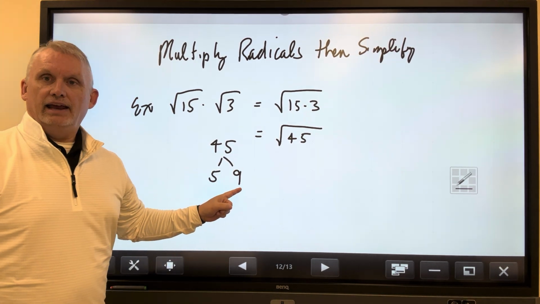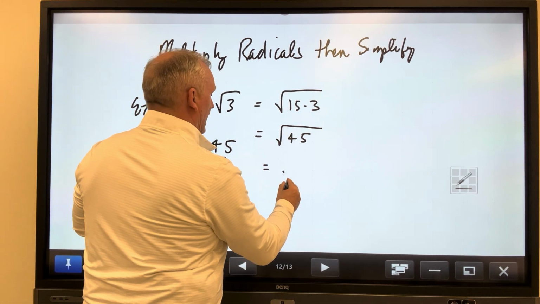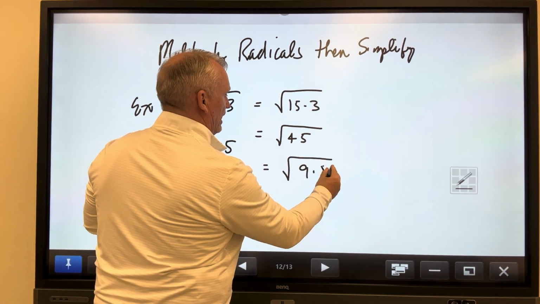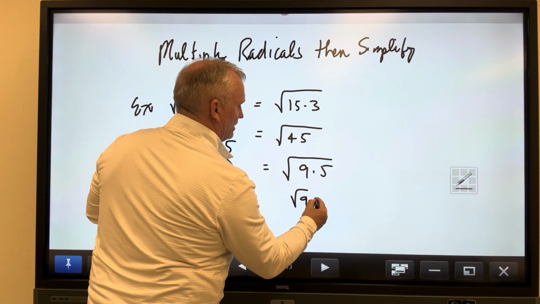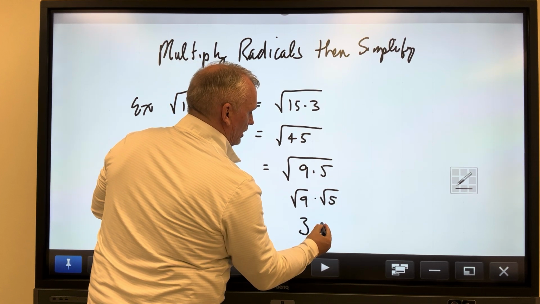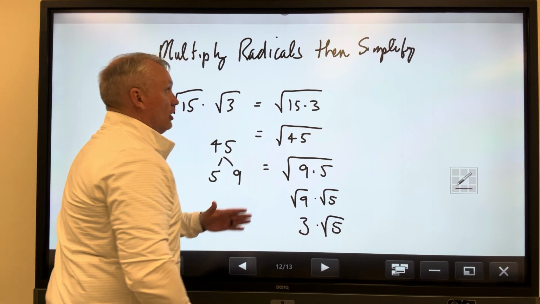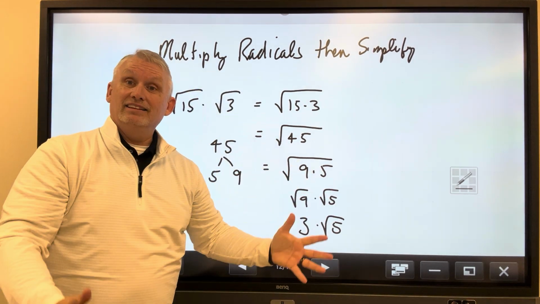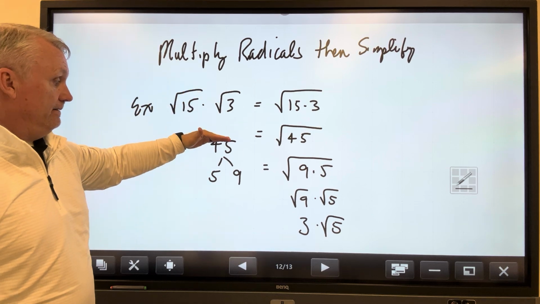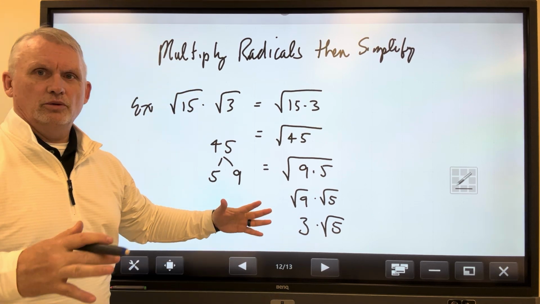Well, 9 is a perfect square. Look at this. I've got the square root of 9 times 5. Well, the square root of 9 is 3, and I'm left with the square root of 5. So you can multiply those radicals together and then simplify. Okay? Still kind of using the product rule.